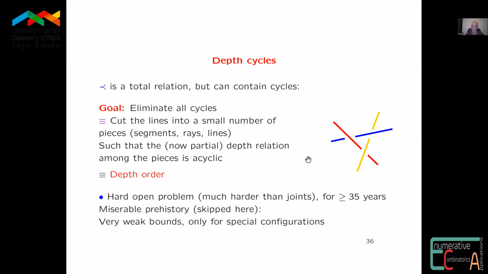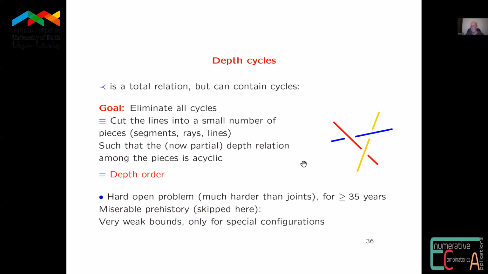Now, this problem was at least 35 years old, and turned out to be extremely difficult without the algebraic techniques. It's too embarrassing to say what people managed to prove before the algebraic development, and only for very special cases and very miserable bounds and so on.